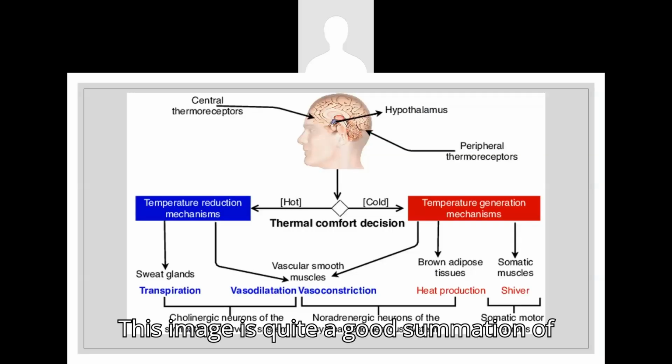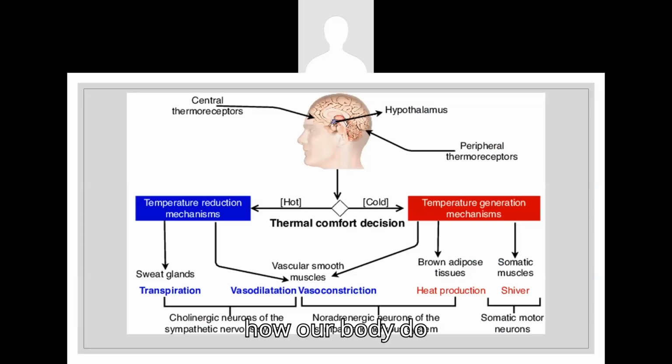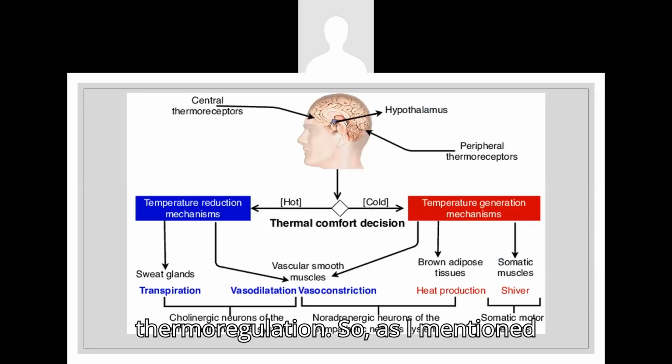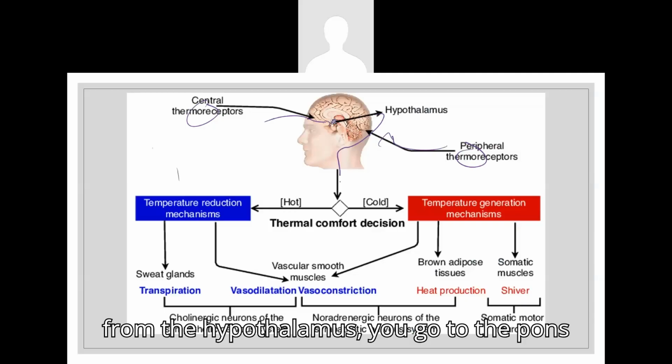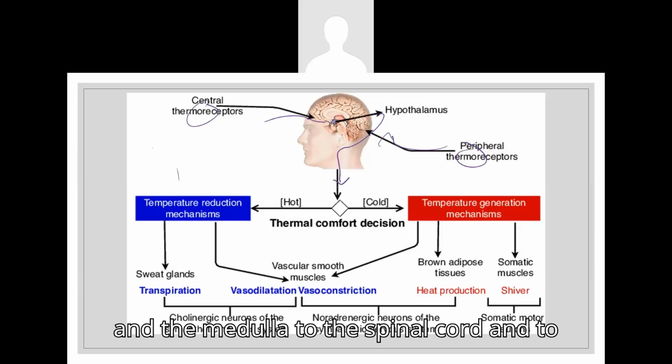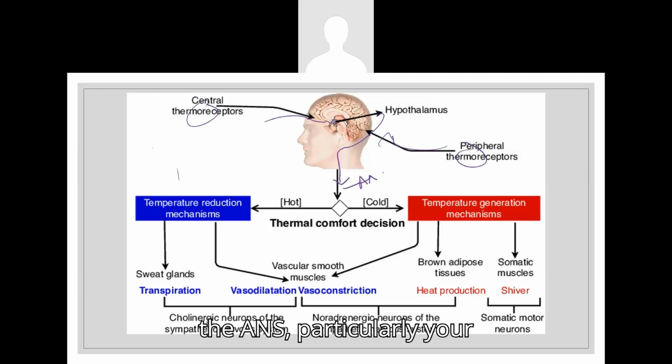This image is quite a good summation of how our body does thermoregulation. As I mentioned before, you have your central thermoreceptors and you have your peripheral thermoreceptors. Both send signals to the hypothalamus, and from the hypothalamus, you go to the pons and the medulla, to the spinal cord, and to the ANS, particularly your sympathetic.